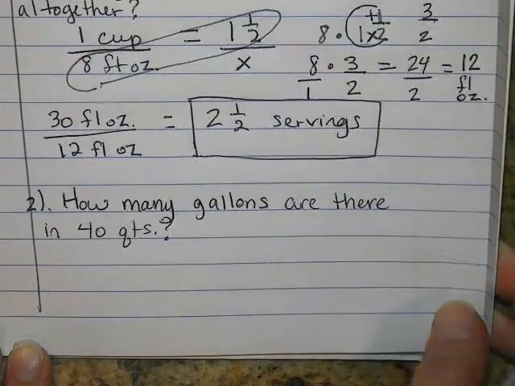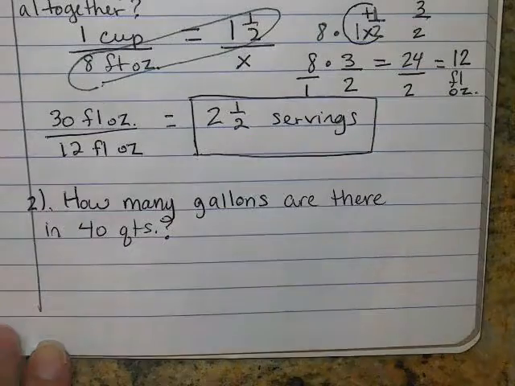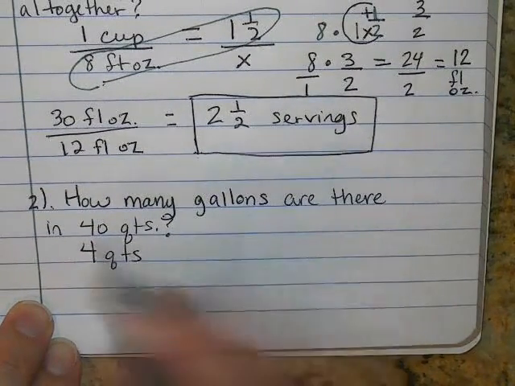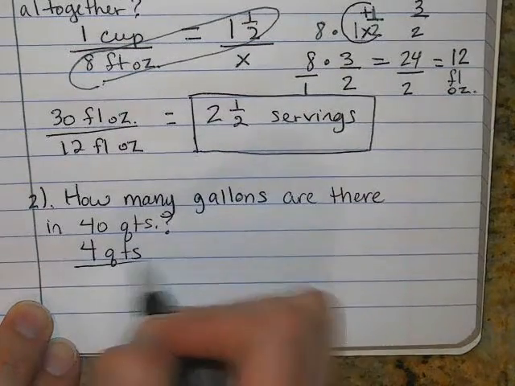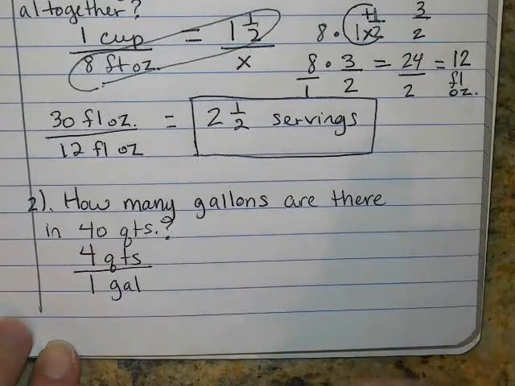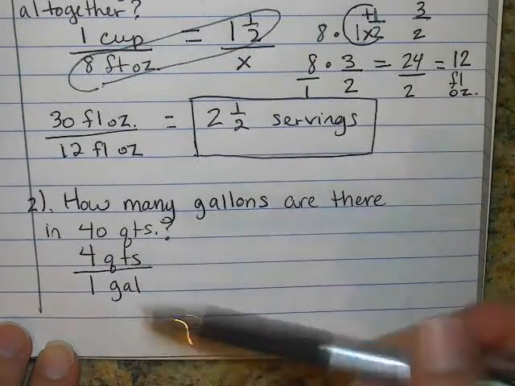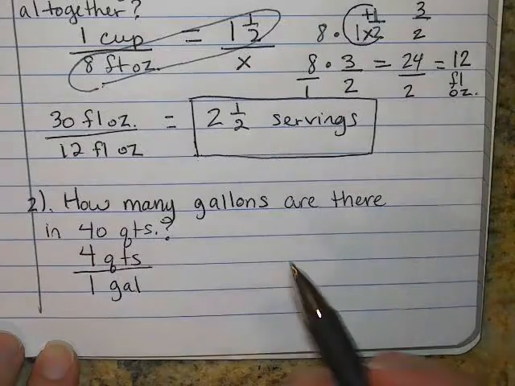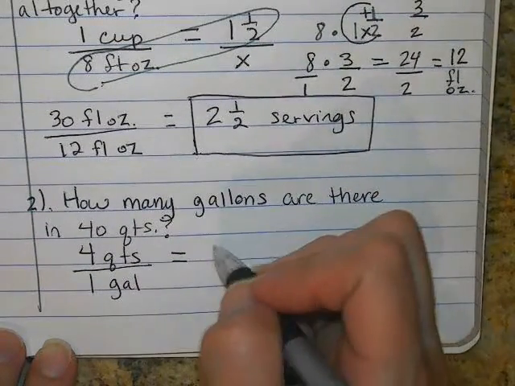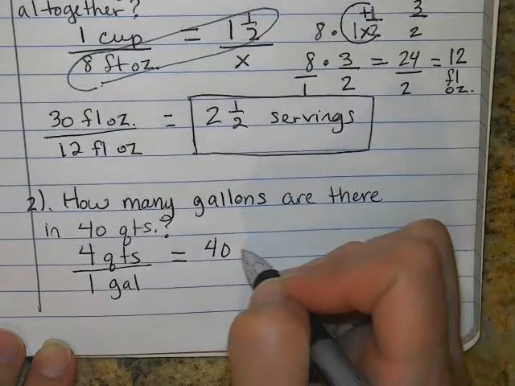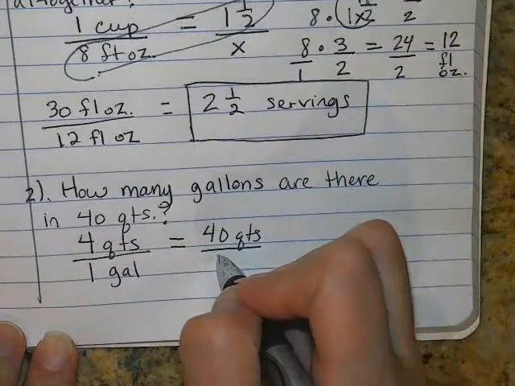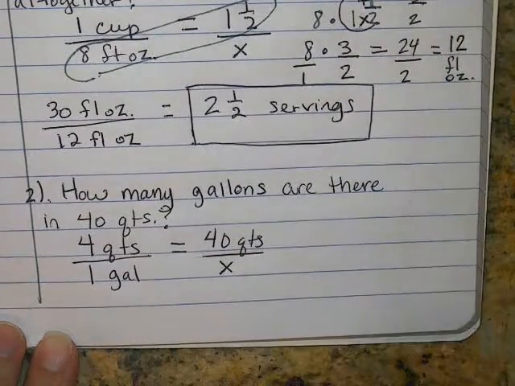Okay, so using your reference guide, we know that in 4 quarts, I'm going to set up my proportion. So I know in 4 quarts, we have 1 gallon, right? Or in 1 gallon, we have 4 quarts. And it doesn't matter how you set it up. I could have set up 1 gallon over 4 quarts. However, we need to find out how many gallons are in 40 quarts. So this is my unknown. That's what we're looking for.